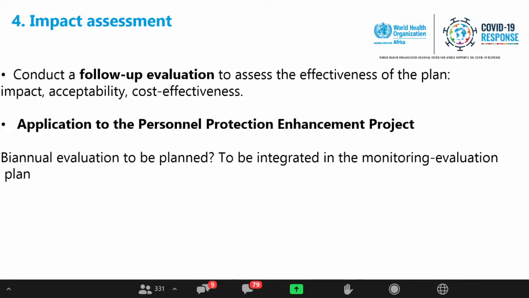Step 4 is the process of impact. What does WHO say? WHO says it is recommended to conduct a follow-up evaluation, to assess the effectiveness of your plan, its impact, acceptability, and cost effectiveness.